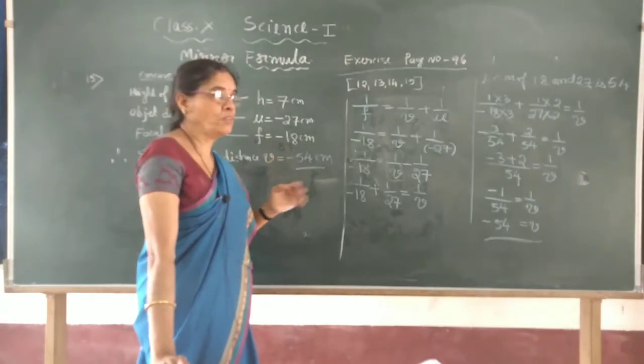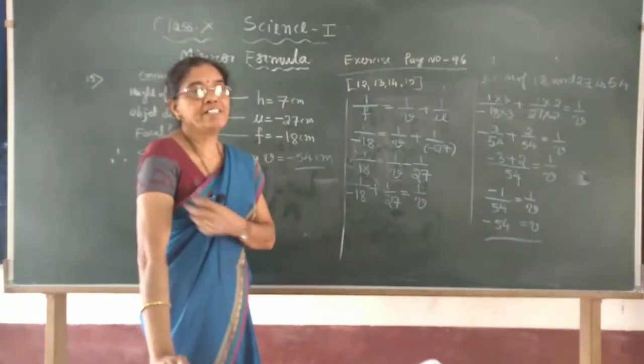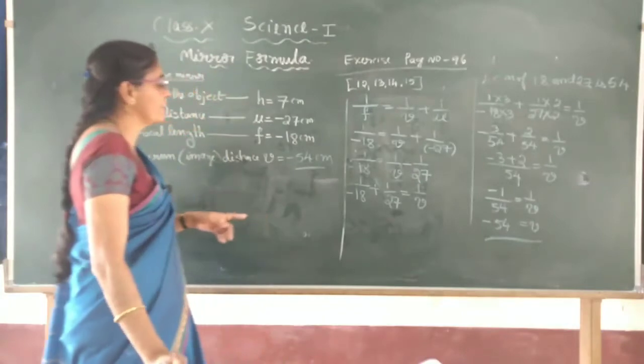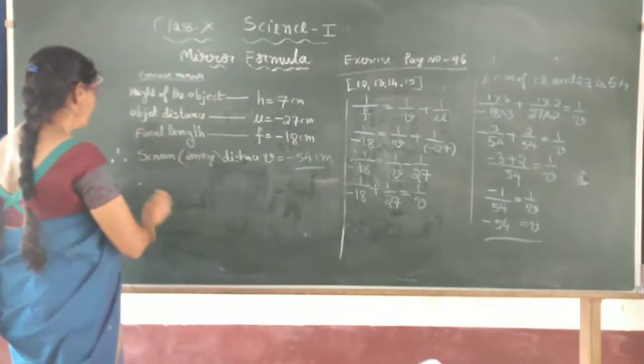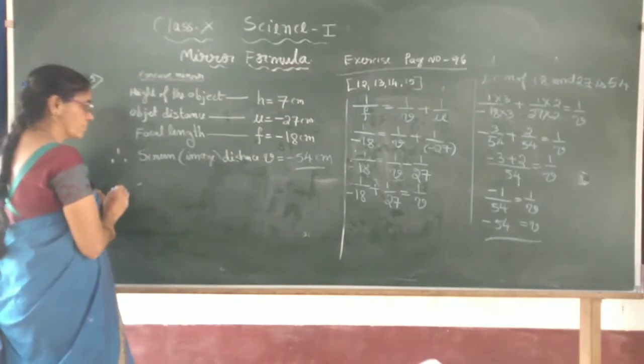Okay. Now to find the height of the image, because the height of the object is given, we have to find the height of the image.